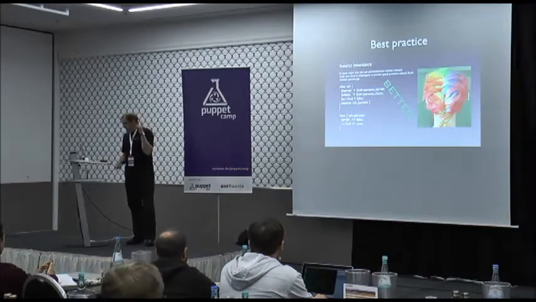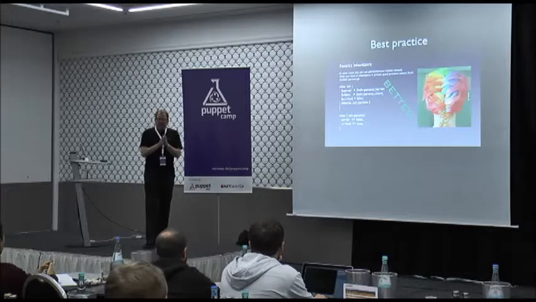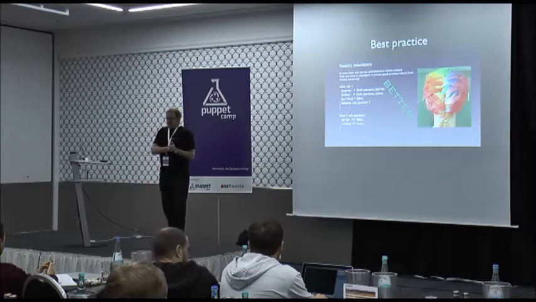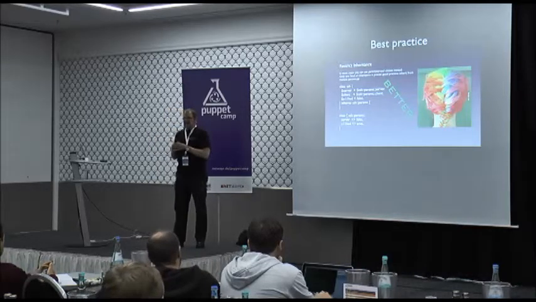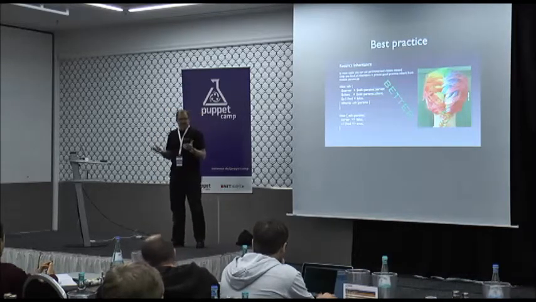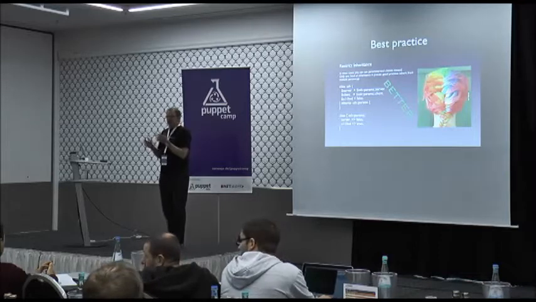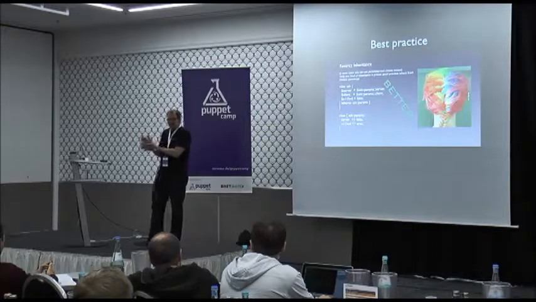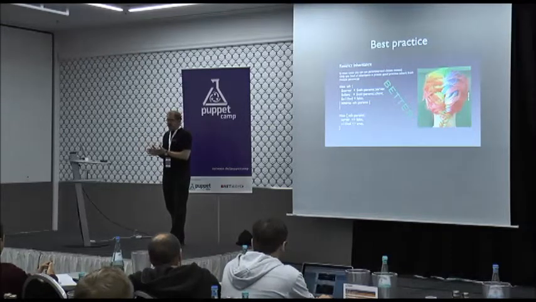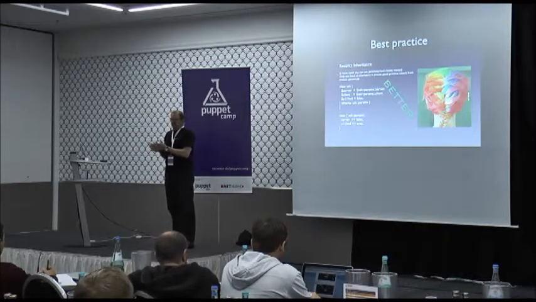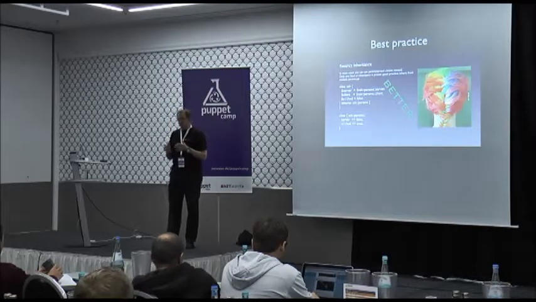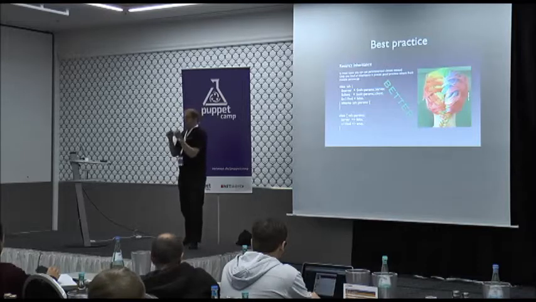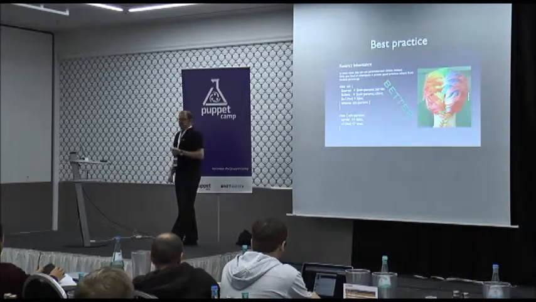There's one good case where you say, okay, I have a parameterized class. The class has parameters. The defaults for the parameters are maybe operating system specific. And this data is put into a params.pp. In the params.pp, I'm deciding what the package name is, depending on the operating system the agent is running on. But sometimes the upstream author gives you the freedom to say, hey, you can overwrite it when you use it yourself.